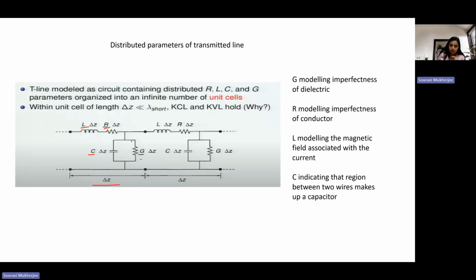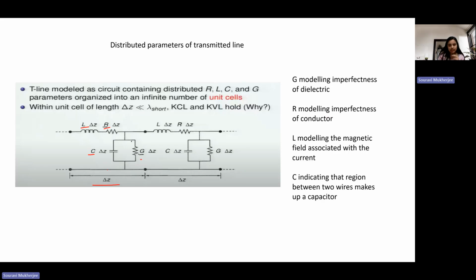Now, why are the parameters distributed like this? If you look at each section of your transmission line, each section has some resistance. Your transmission line is a conductor, we understand, but it cannot have zero resistance, right? It has to be some finite value. That's just the imperfectness of your conductor.